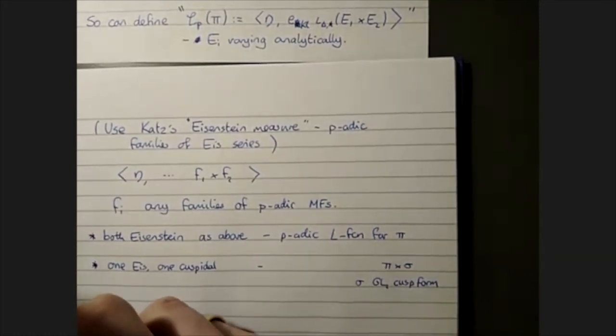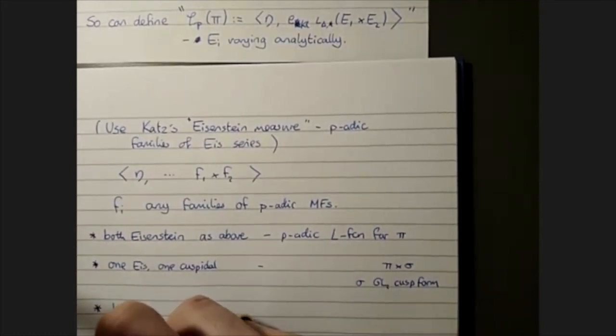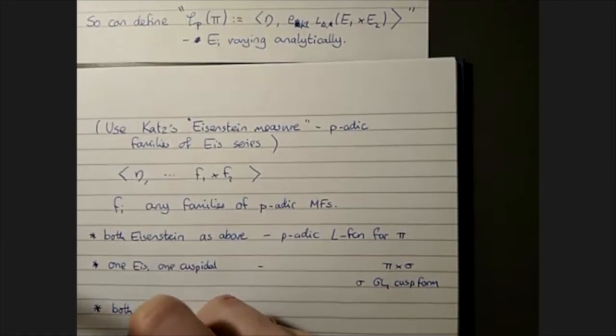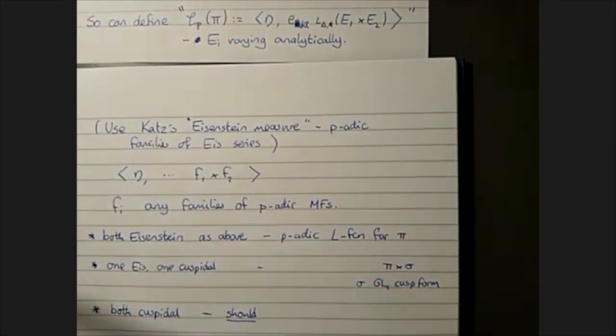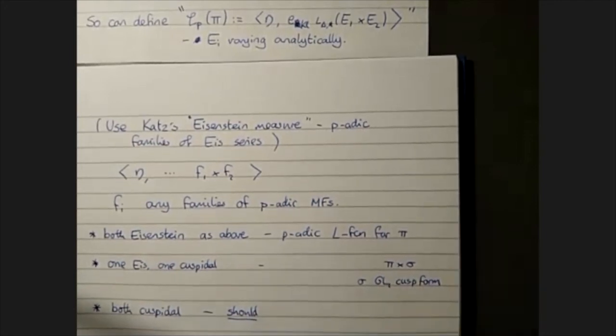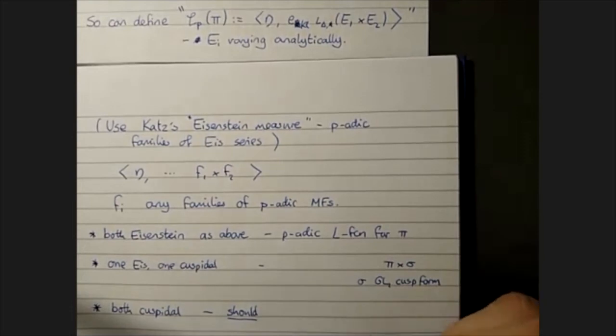And you can also take both cuspidal, and then you get some sort of period integral for non-holomorphic automorphic forms for GSp4 integrated against cusp forms on GL2 times GL2.